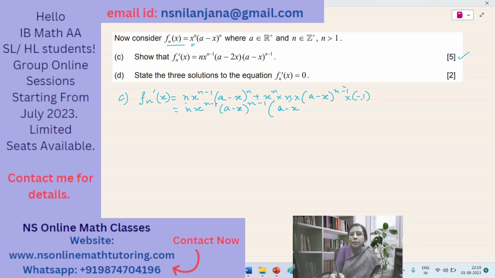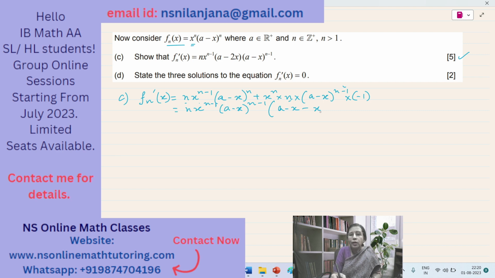And from the second term, this is minus, so I'm writing minus. And x to the power of n minus 1 has been taken outside, and this is x to the power of n, so I'll be having 1 x remaining, and n has been taken out. (a minus x) to the power of n minus 1 is outside the bracket.